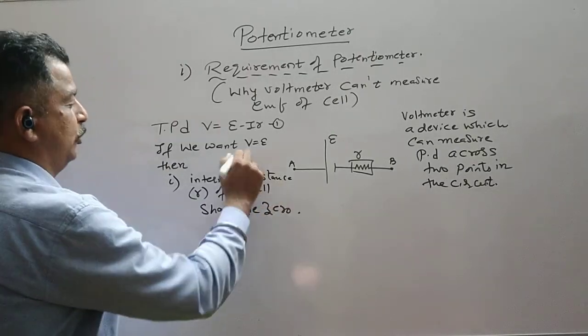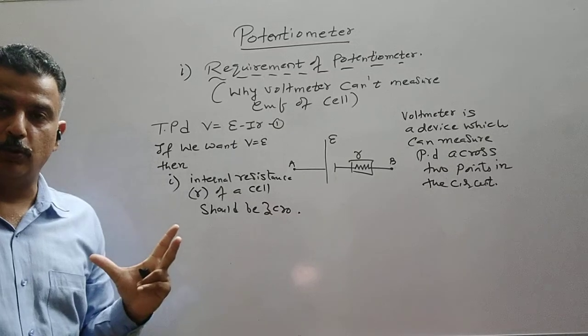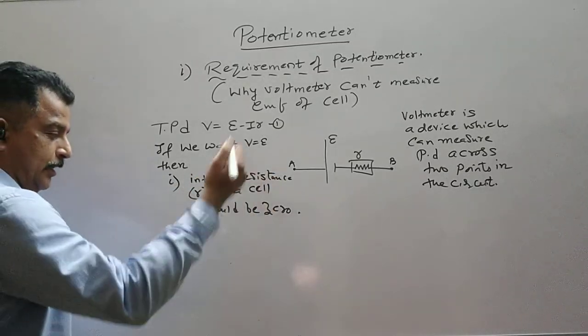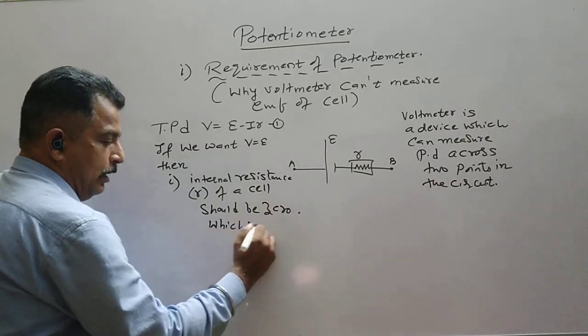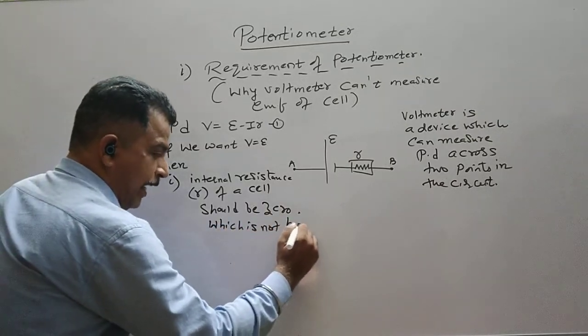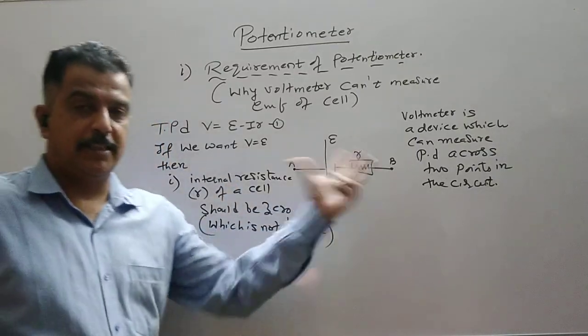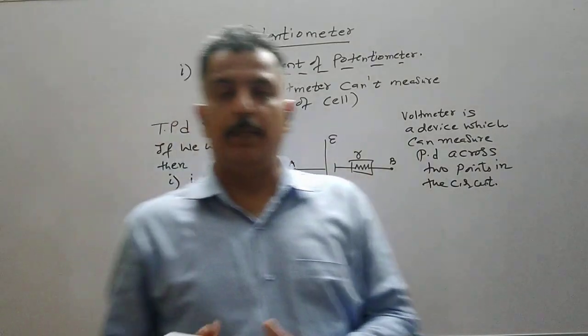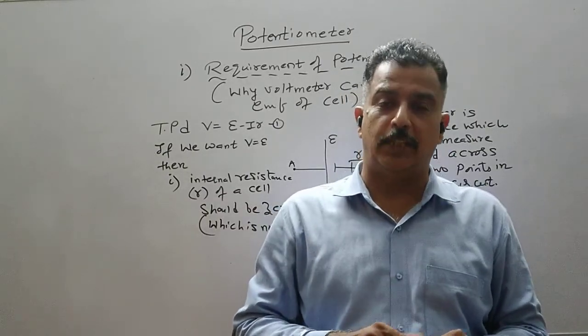If r is 0, then terminal potential difference will be equal to EMF. But this is not possible, because every cell has some internal resistance. It is not possible that the internal resistance of any cell is 0.